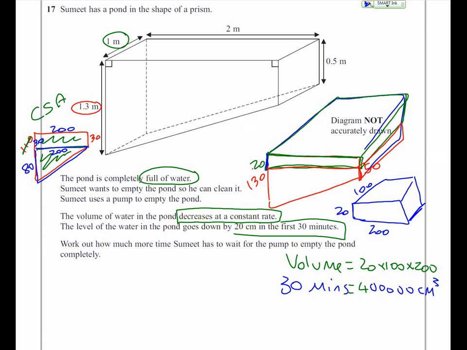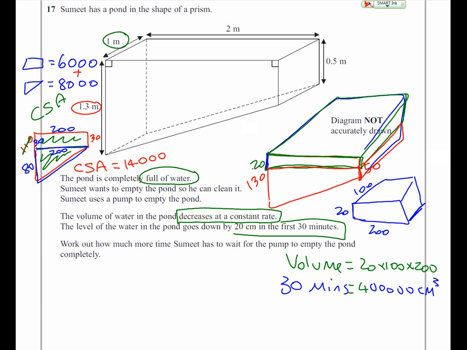The area of the rectangle is going to be, let's do a little diagram to show rectangle, 200 times 30, so 6,000. The area of the triangle, a half times the base times the height. Half times 200 is 100, times by 80 is 8,000. So the total CSA for the water left is going to be these two added together.